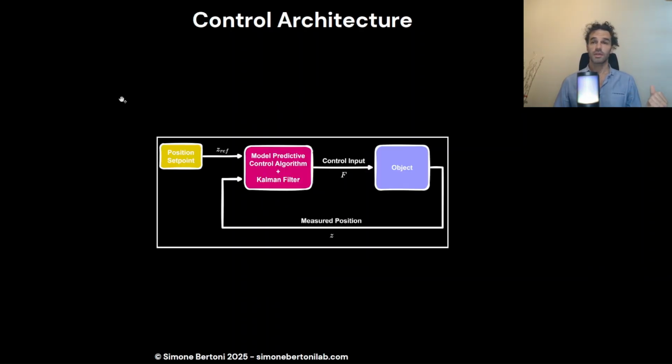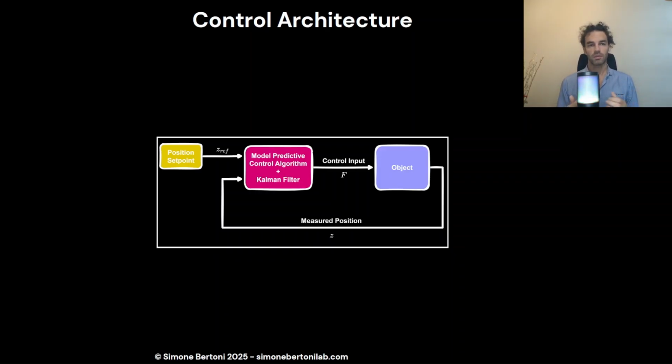The control architecture. We have more or less already said enough about this. I just want to remark again that we have a Kalman filter embedded in MATLAB. The ecosystem provides the Kalman filter almost automatically, and it will estimate in this case the speed, because we have only the position.